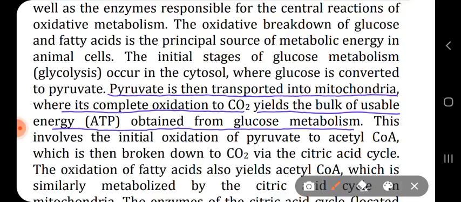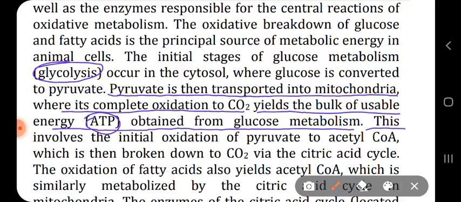So the initial stage, as we know, is that glucose is metabolized by glycolysis, the 10 step reactions which occur within the cytosol where glucose is converted into pyruvate. This pyruvate will be transported into mitochondria where complete oxidation will occur, which will yield a bulk of usable energy obtained from the glucose metabolism.